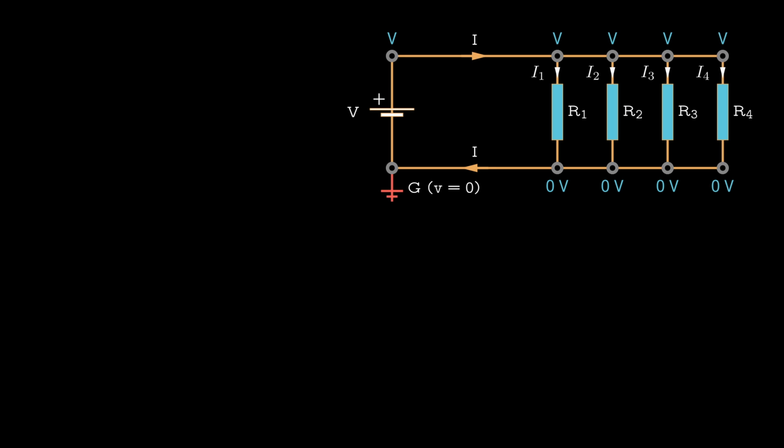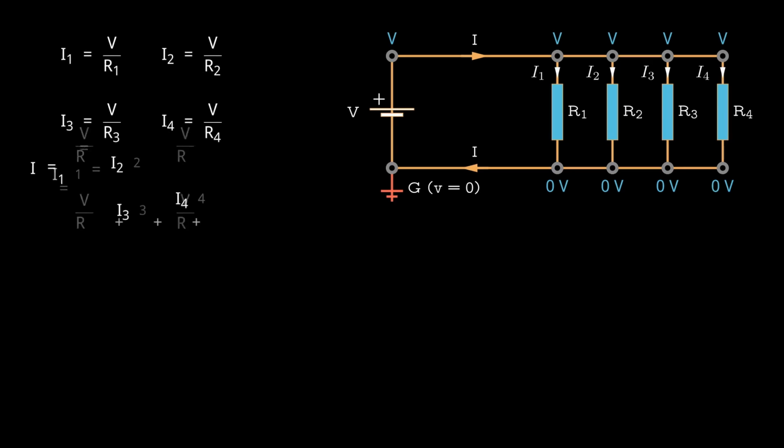The current through each resistor depends on its individual resistance, and we can use Ohm's law to express the relationship between voltage, current, and resistance. The current through each resistor can be expressed as follows. The sum of the currents through each resistor is equal to the total current flowing from the voltage source.